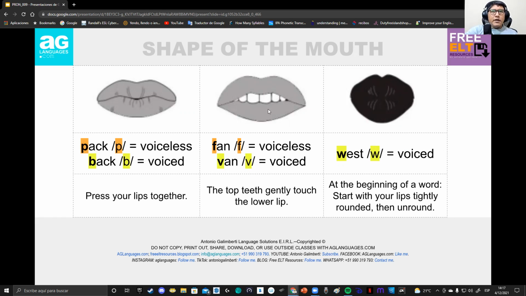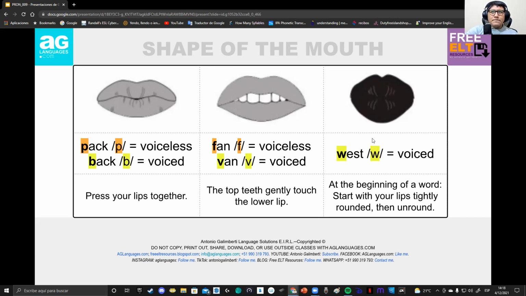Upper front teeth and lower lip, but you make a vibration, okay? Victory, very, or the two sounds in the word favorite, and then you round your lips, west, you round your lips.